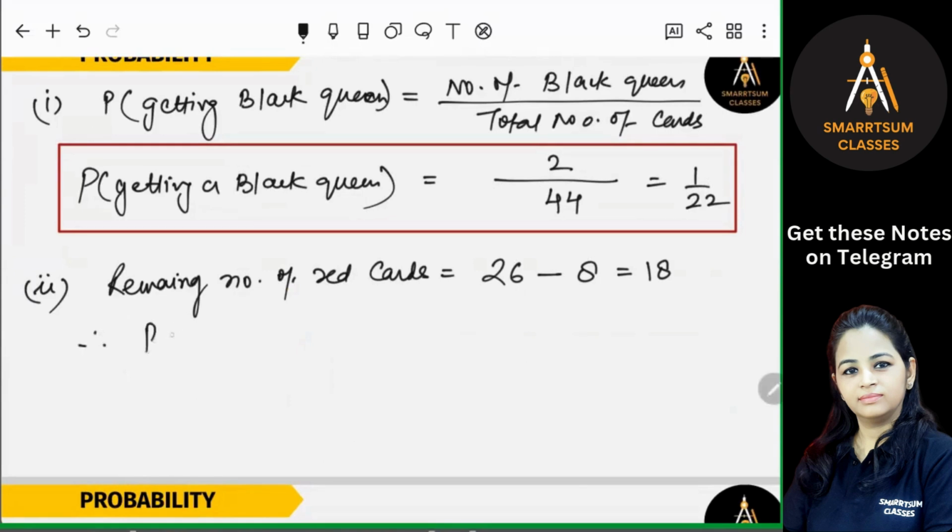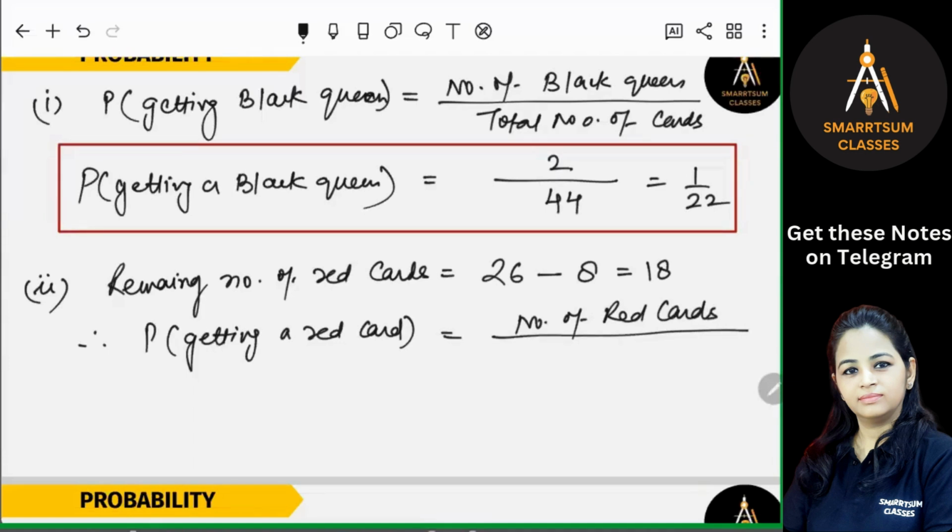So we can find out the probability of getting a red card. This is equal to the number of red cards remaining, which means the number of favorable outcomes for this event to happen, divided by the total number of cards in the deck now.